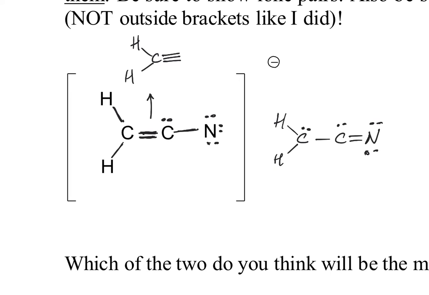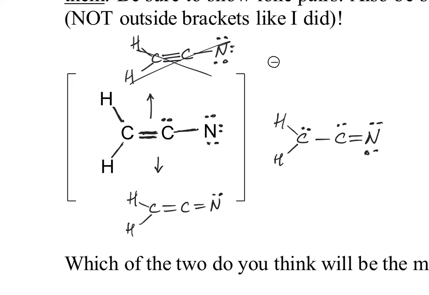If I added another multiple bond between the two carbons, I would get that. But this carbon has 5 bonds shown, so that's not a resonance structure. That's gone. So instead, I could add the double bond between the carbon and the nitrogen. Count up the electrons: 2, 4, 6, 8, 10, 12, 14, 16.